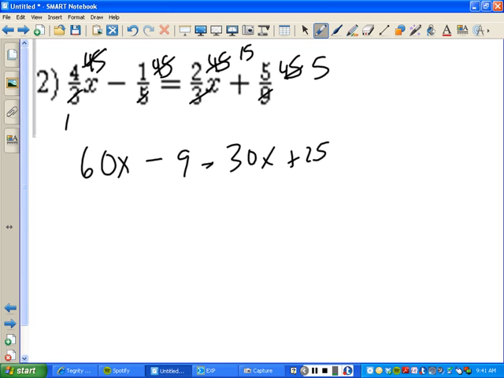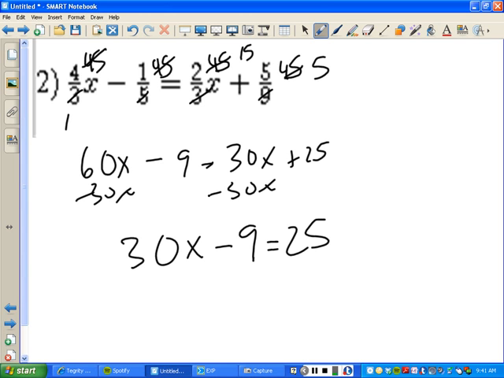Now? Yes? Maybe? Okay. This is 30x. Subtract 30x, subtract 30x. 30x minus 9 equals 25. And you'll get 30x equals 34, it looks like.